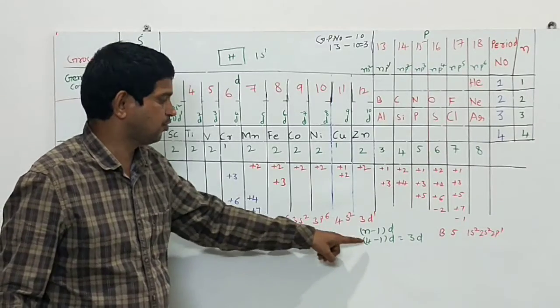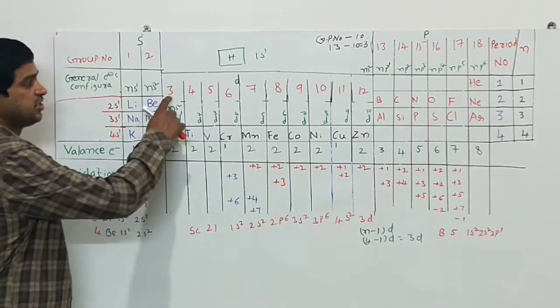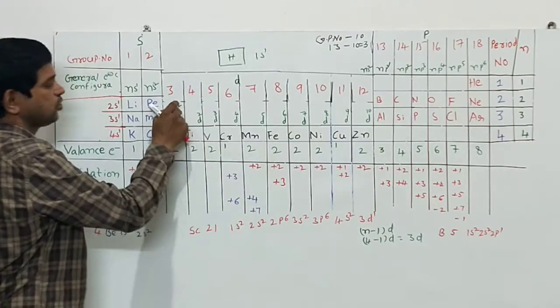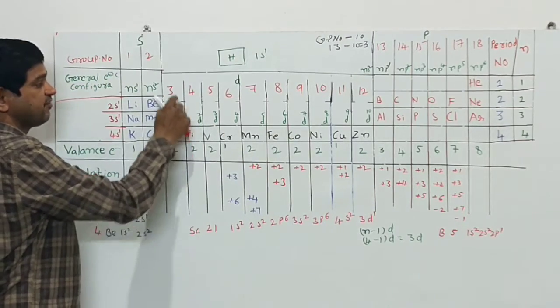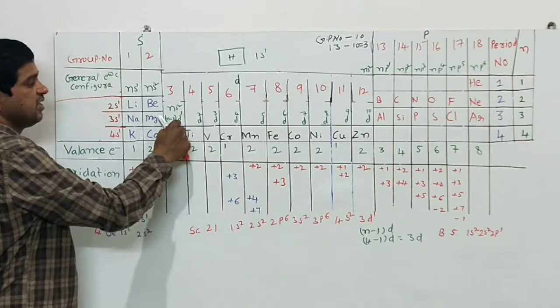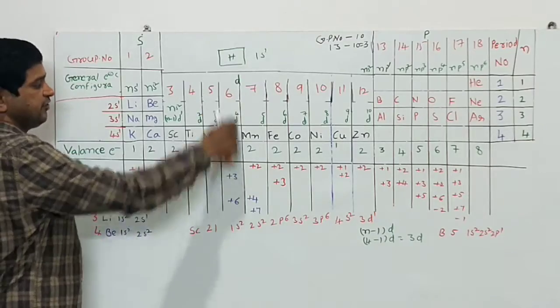So here n is 4, 4 minus 1 equals 3, 3d. See, from 3 to 12 have ns2 common electronic configuration, ns2 and (n-1)d. For group 3 it is (n-1)d1. For group 4 it is d2, then d3, d4.